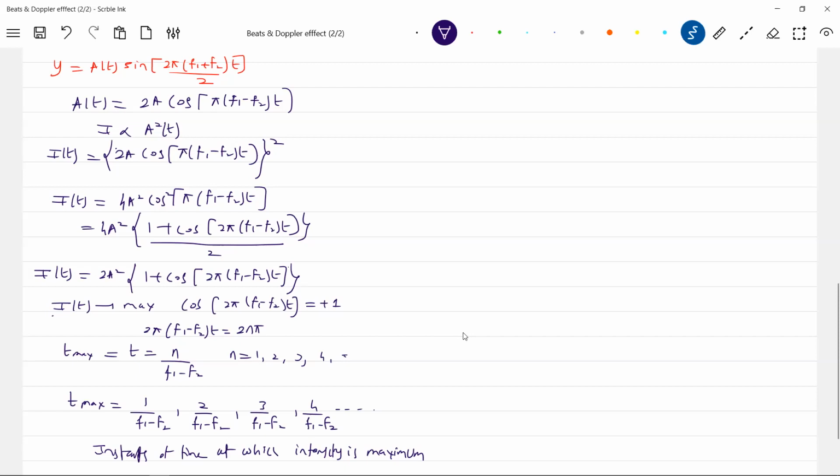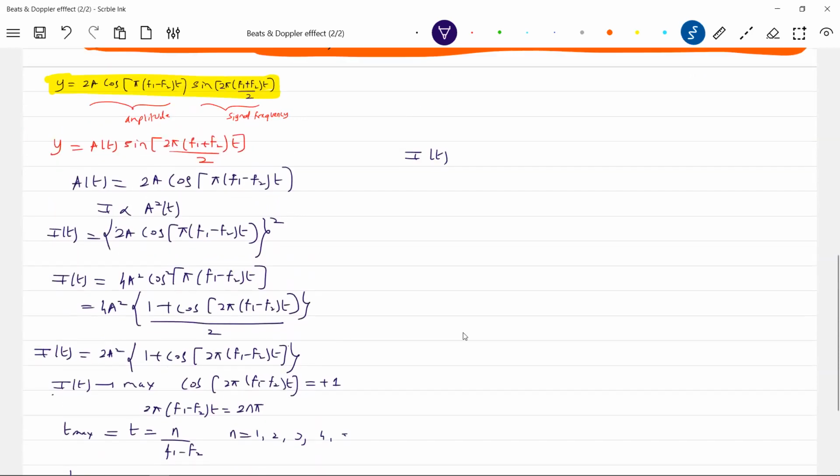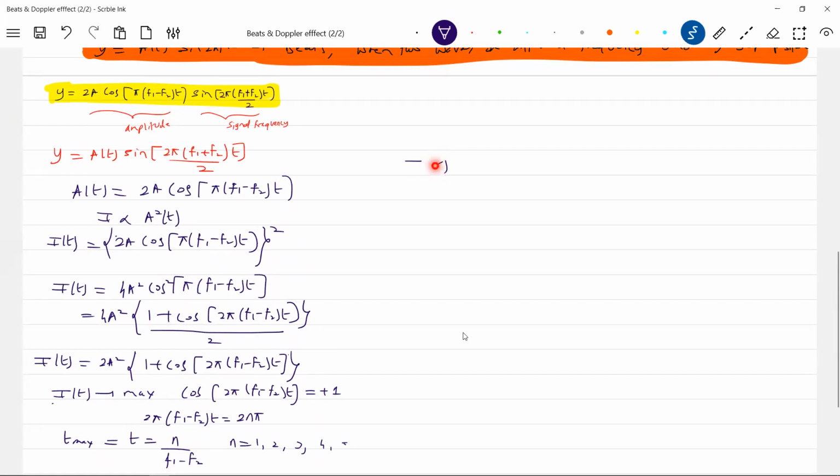Similarly, what shall I do? For I of t to be minimum, cos of this should be equal to minus 1.